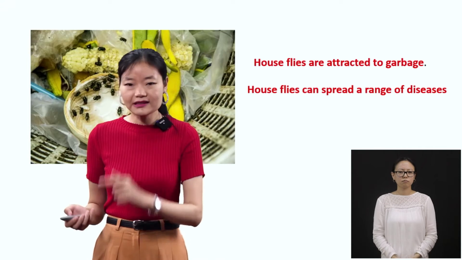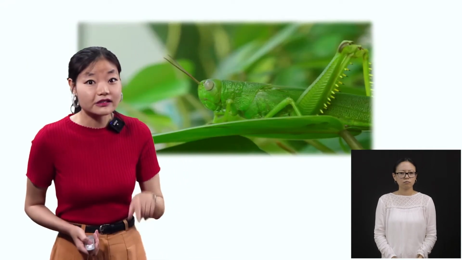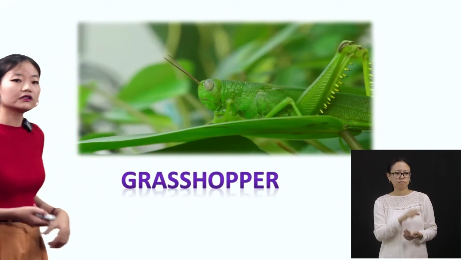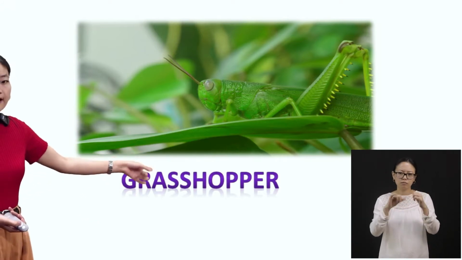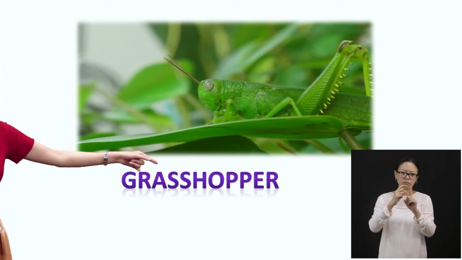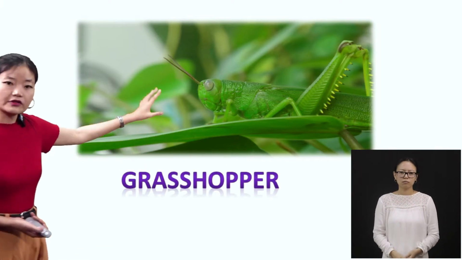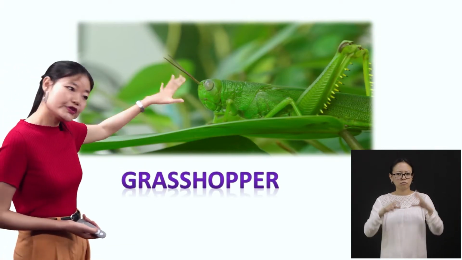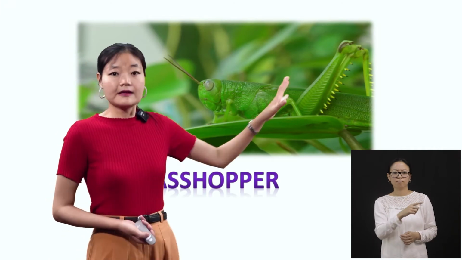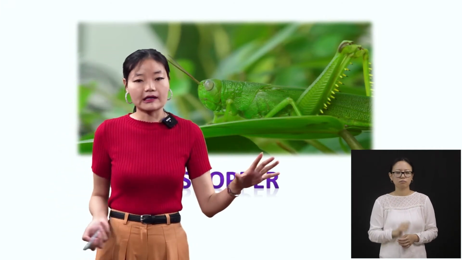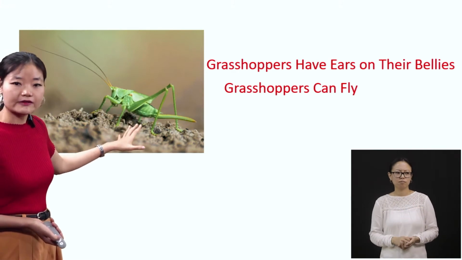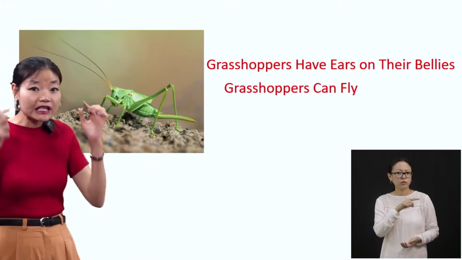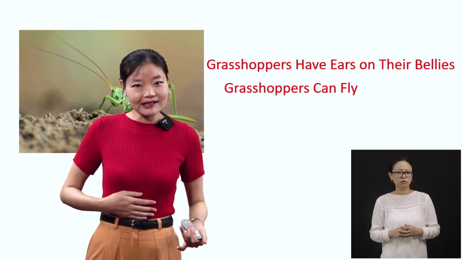Okay. Now the next insect is the grasshopper. As you can see from the picture, it is purely green. A very interesting fact about grasshoppers is that they have ears on their bellies.